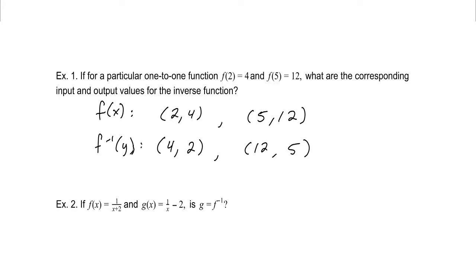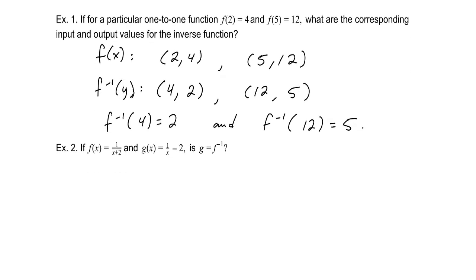So I'll write this as f inverse of 4 equals 2 and f inverse of 12 equals 5. That is how we would write that in function notation. Again, I write f inverse of y because my inputs are actually the outputs of f, what I would think of as my y values.